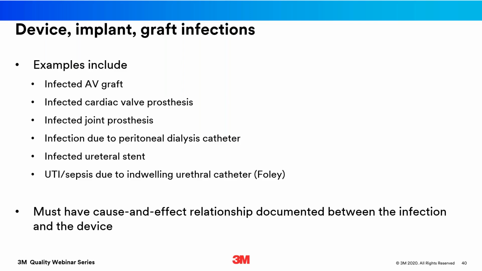There's also a couple of different codes related to line infections. So you have a central venous catheter. That could be your PICC, your Hickman, your Portacath, and so that's going to be a central venous catheter, and you will have a code that will be related to that if it's a systemic infection, so if it's a bloodstream infection, or if it's at the exit or insertion site infection.